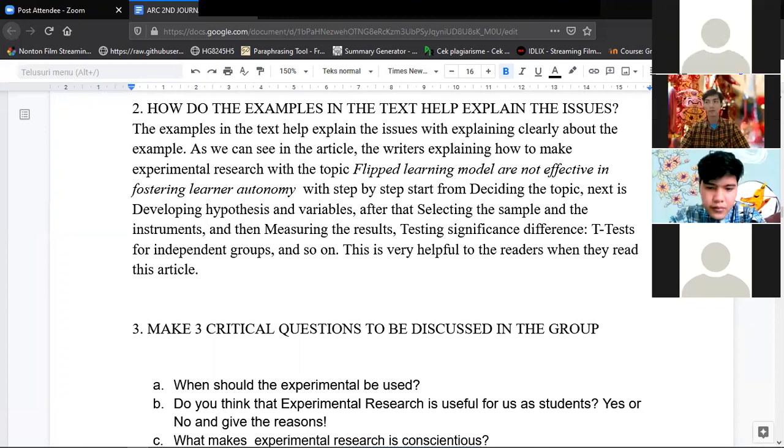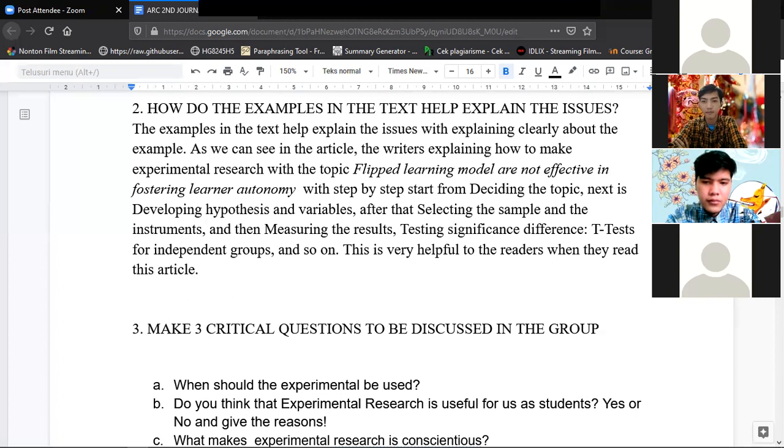As we can see in the article, the writers explain how to make experimental research with the topic flipped learning model not being effective in fostering learners' autonomy, step by step, starting from deciding the topic and developing hypotheses and variables, and after that selecting the sample and the instrument, and then measuring the result, and so on.